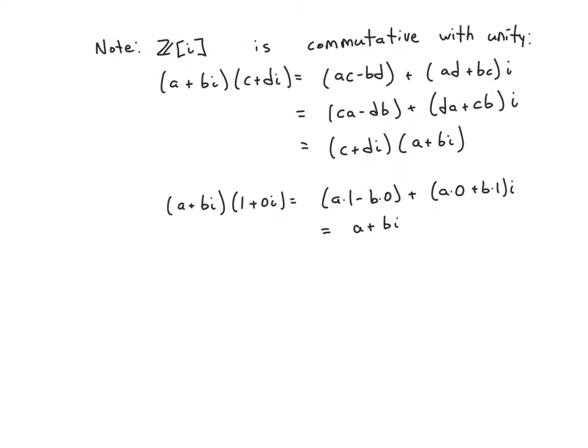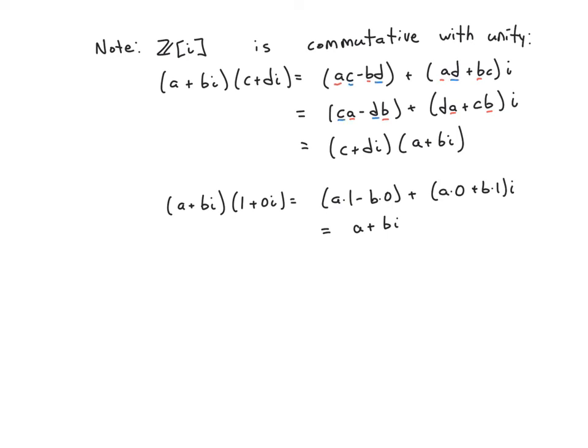Of course, the other step I need to point out is that the Gaussian integers are in fact a commutative ring with unity. That's a simple calculation. You multiply two of them together in either order, and you see that the only difference between the middle two terms has to do with commuting integers.